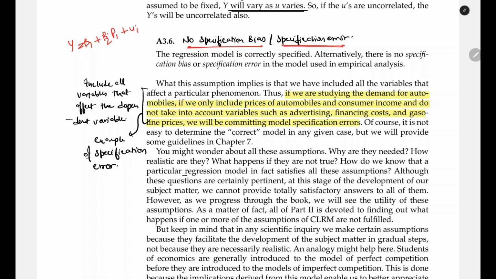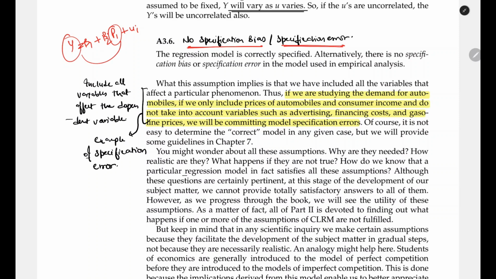Now if I take only prices, it will be a specification error, because there are many other variables like taste, price of substitute or complementary goods. So all these things will also be impacting our demand here, right? So when we do not include all the other variables, it is a specification error.